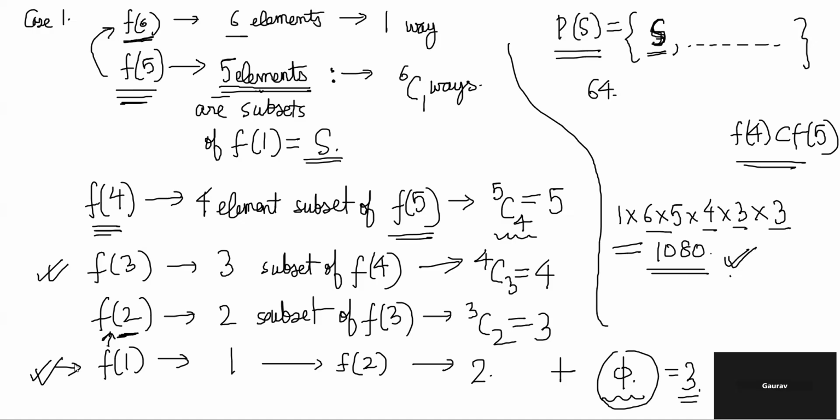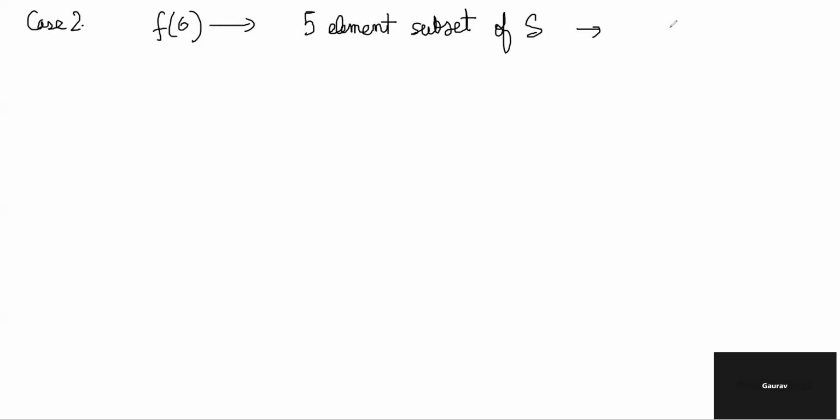Now we'll do case 2. In case 2, again, I will say now f of 6 I will not take as a 6-element subset. I will take it as a 5-element subset of the power set. Basically, a 5-element subset of S. So it will become 6C5 or 6 ways, right?